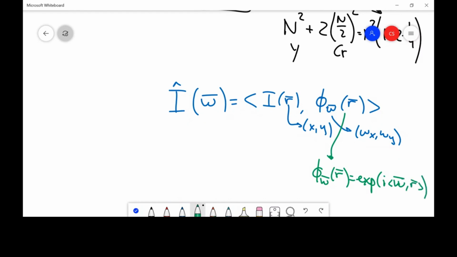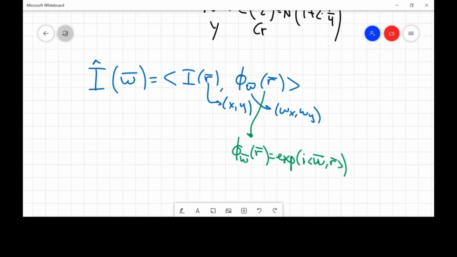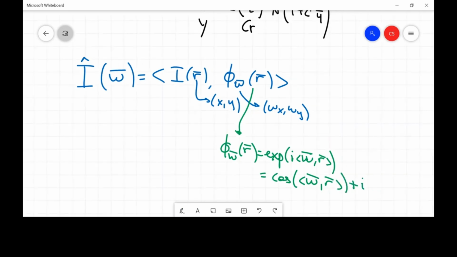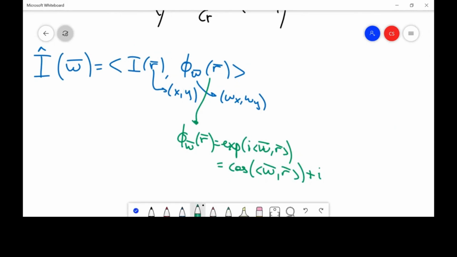This is our basis function. But this is a complex value image, right? So this is an image again, and it is complex valued. So this is equal to cosine of this inner product plus j sine of this inner product, because this is a complex value.